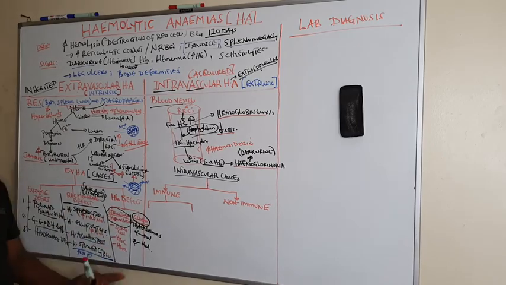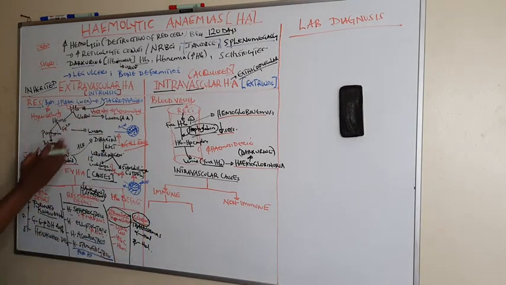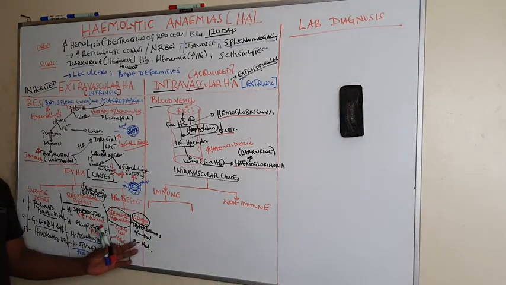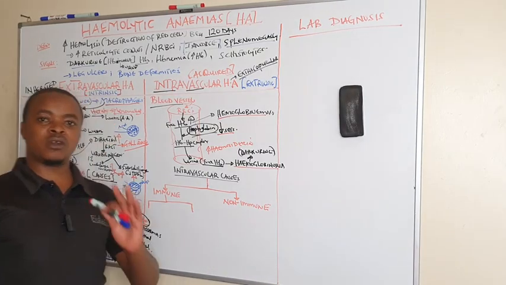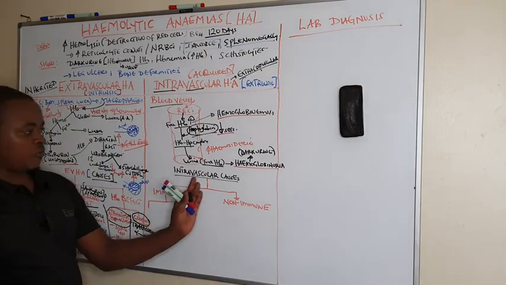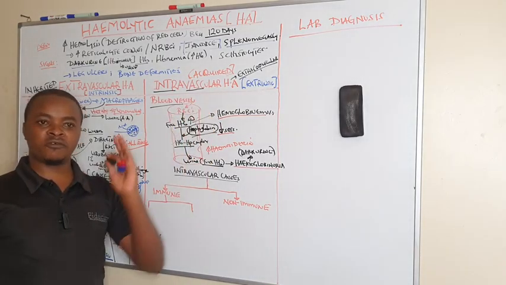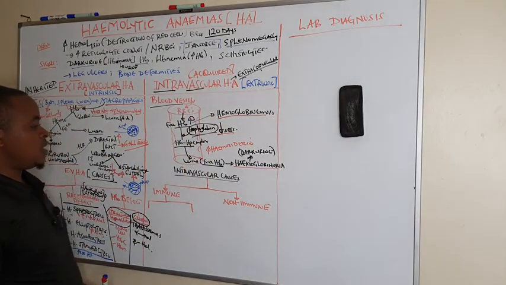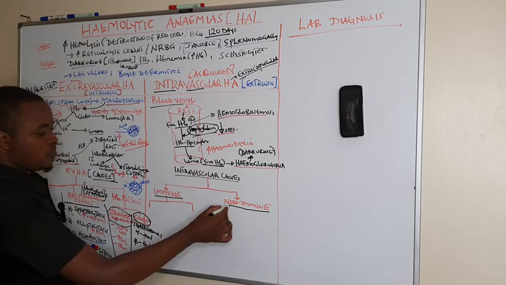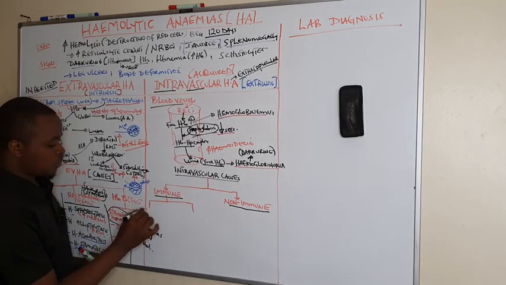That's why we call them hemoglobinopathies. So those are also the causes, and we shall see how we can diagnose them under lab diagnosis. After finishing the causes of extravascular, or what we are calling intrinsic, now we can talk about intravascular, which is due to destruction of red cells in the blood vessels, and is further categorized into immune and non-immune causes. Among the immune causes, we shall see those which are autoimmune.